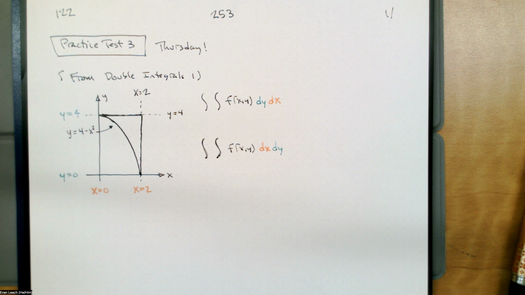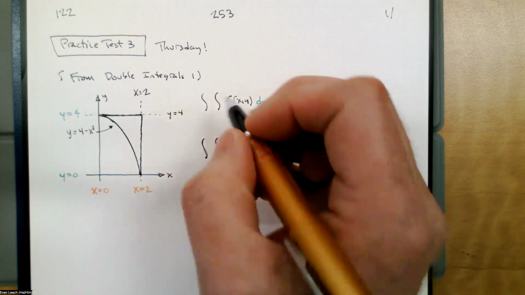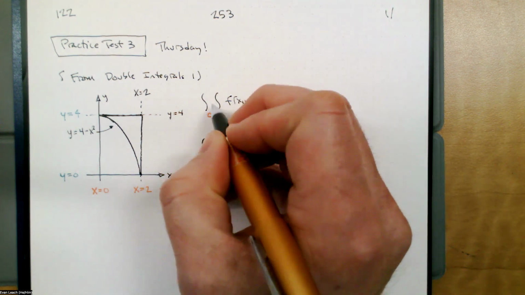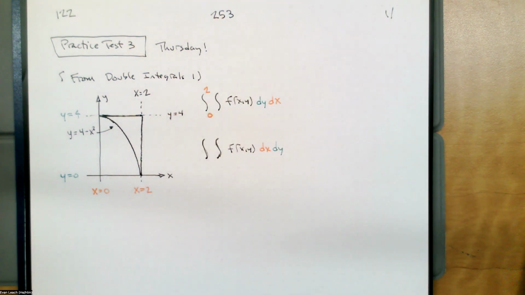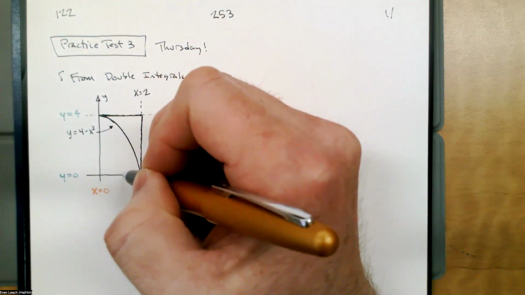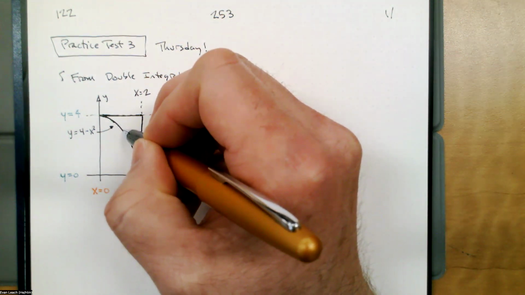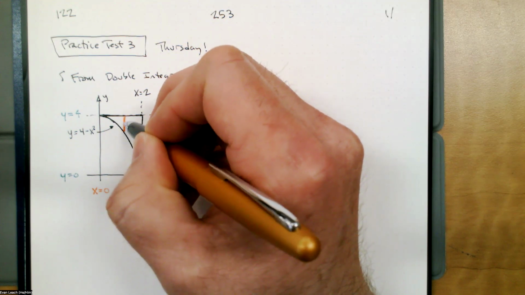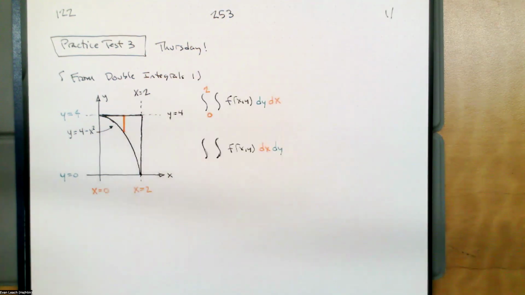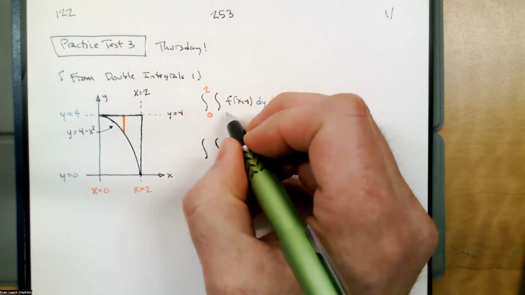So in the dy dx integral, x is last, so x is the easiest thing to write down. x goes from 0 to 2. For a typical x value, we write what y is between. So for this typical x value, the region starts off at the parabola and goes up to the line y equals 4.